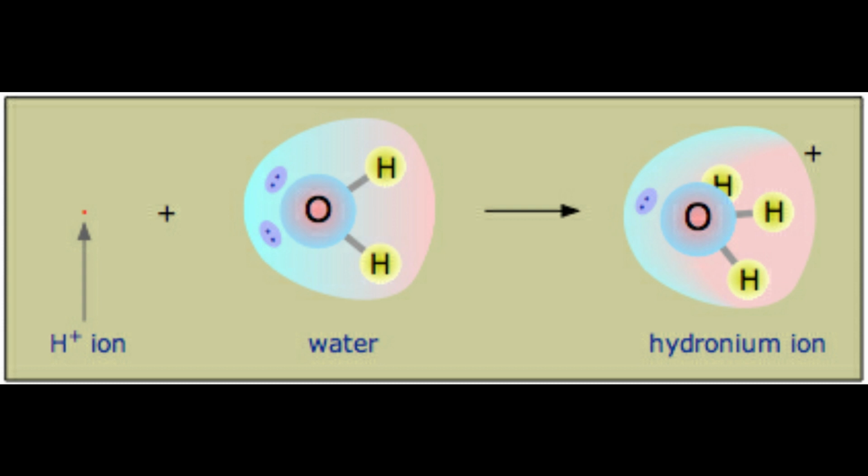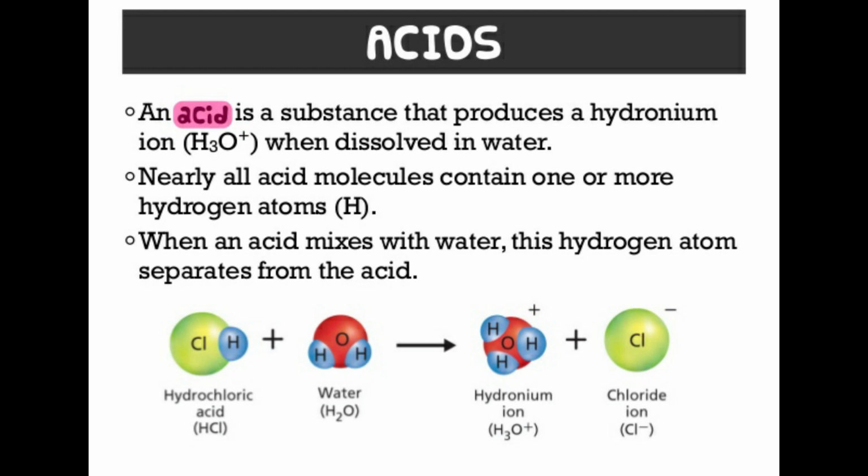So H3O+ is nothing but a combination of hydrogen ion with water. So hydronium ion is one of our products, and Cl-, which is the chloride ion, is another product that is formed. So an acid, when it reacts with water, gives us a hydronium ion.